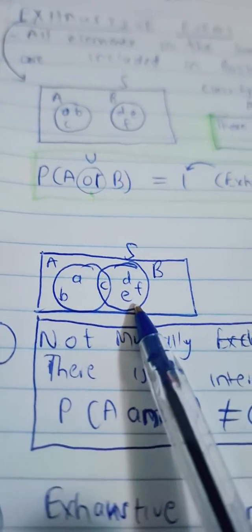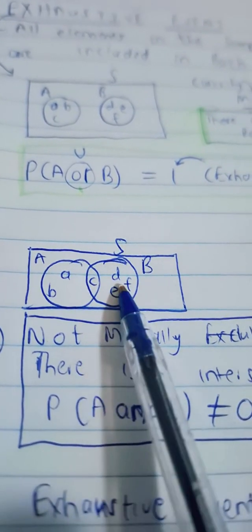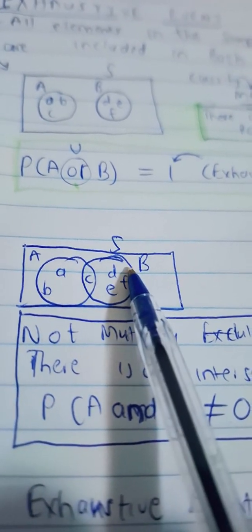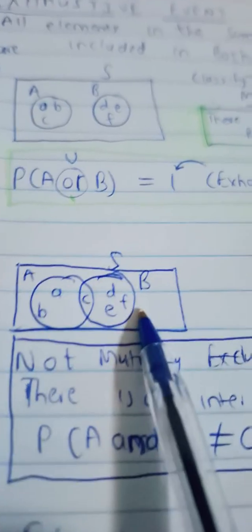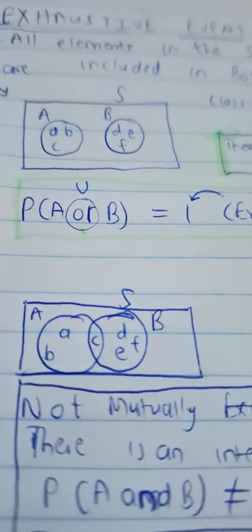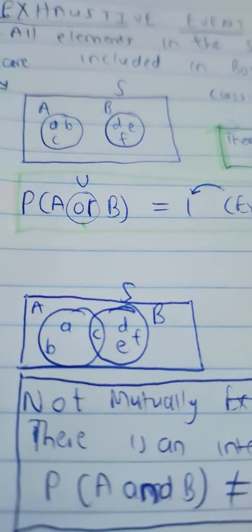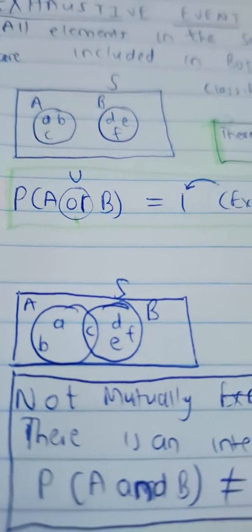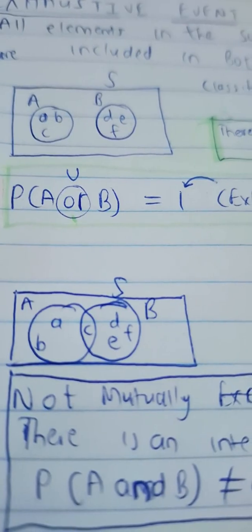So the number of elements for A or B, what would we say? The union, how many elements do we count for A or B?